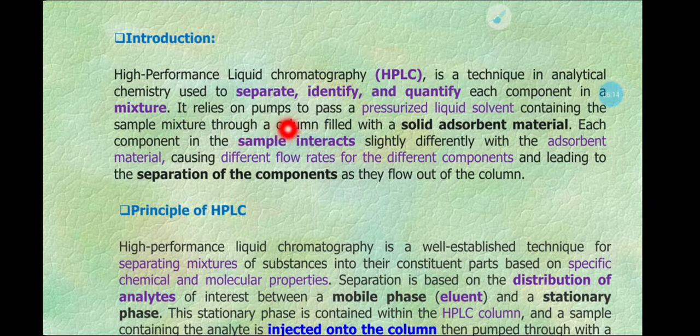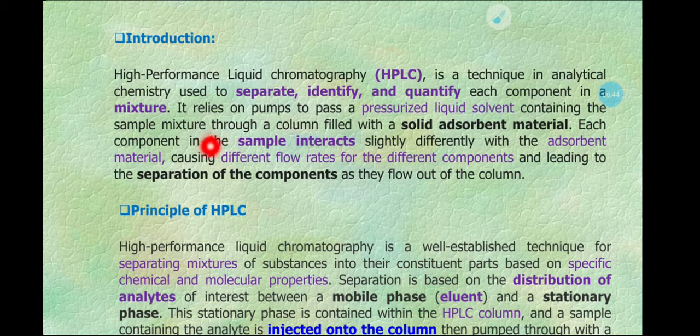It relies on the pump to pass pressurized liquid solvent, that means mobile phase, containing the sample mixture through the column filled with the solid adsorbent. That means here the mobile phase is a liquid solvent and the solid adsorbent is the stationary phase. This mobile phase is passed through the stationary phase by using a high pressure pump.